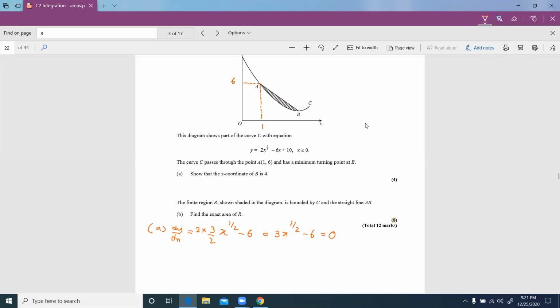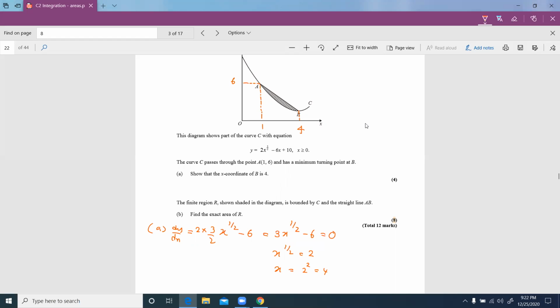That means x to the power half is 6 divided by 3, which is 2. So x becomes 2 squared, which is 4. So the x coordinate is 4.